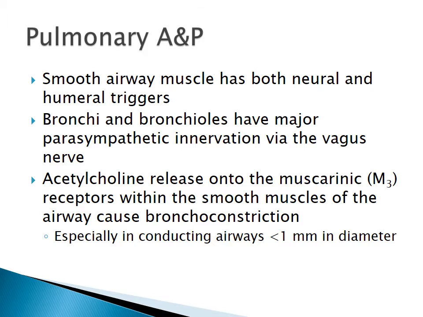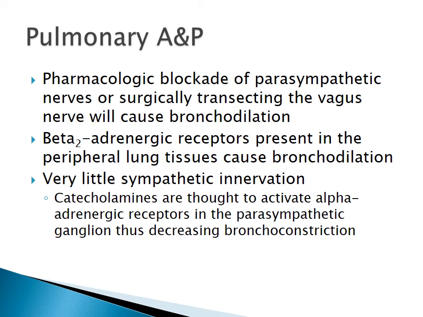So, pharmacologic blockade of the parasympathetic system. We can give medications to block it. We can give catecholamines, right? Adrenergically, that can kind of reverse that constriction and cause dilation. We can actually go in and, well, we clip the vagus nerve that runs to the pulmonary tissue, right?